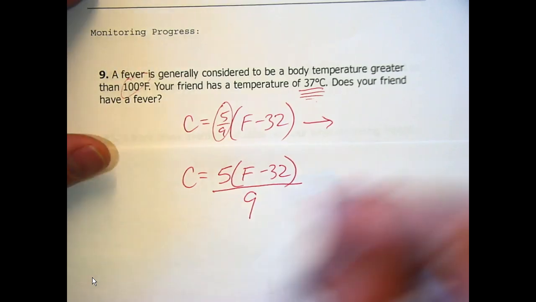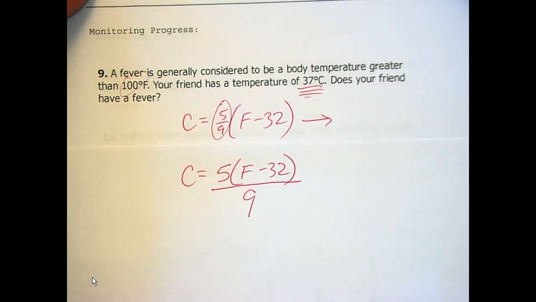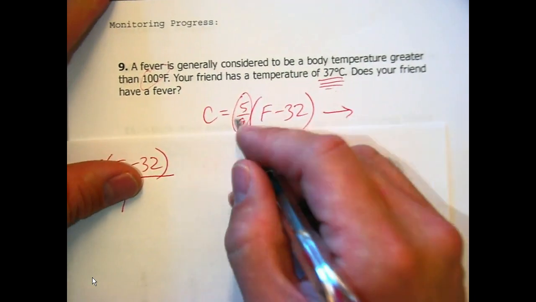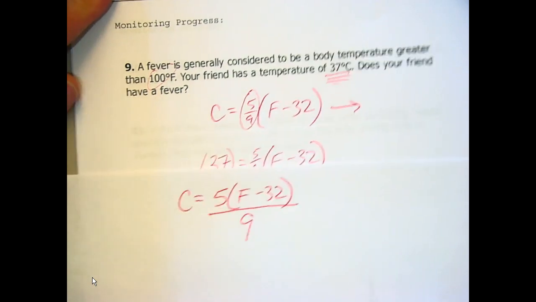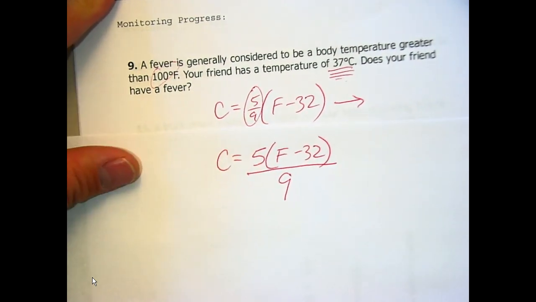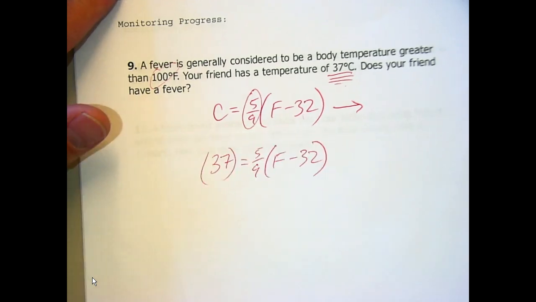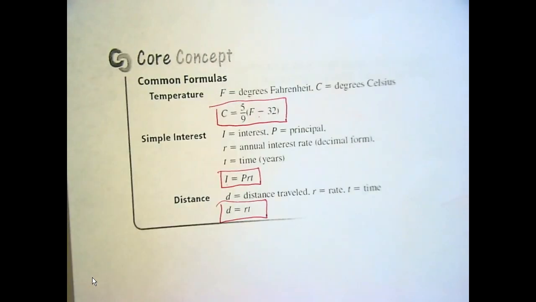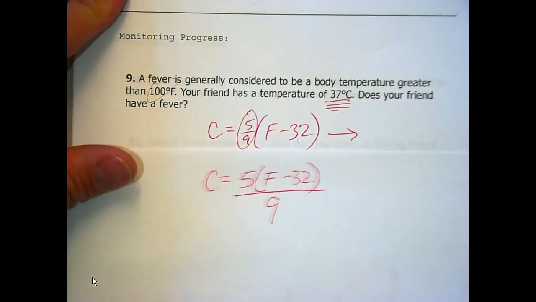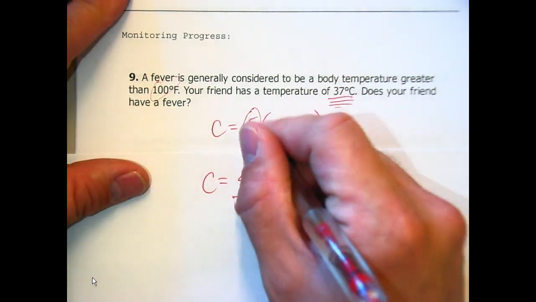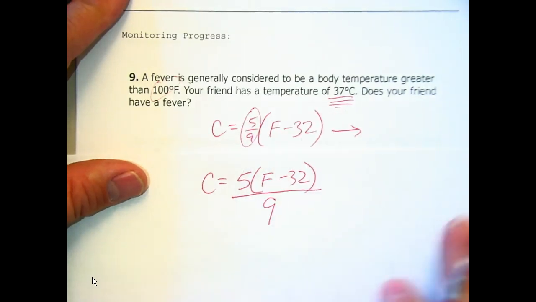You could. So you could write it like that, or you could get rid of this by multiplying by the reciprocal. This is the formula, right? So I'm using this formula right here.